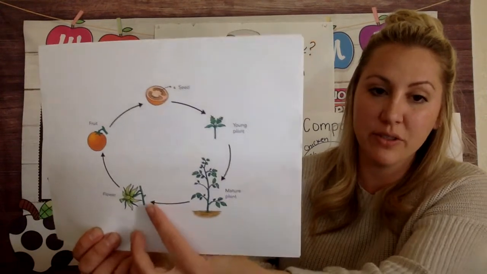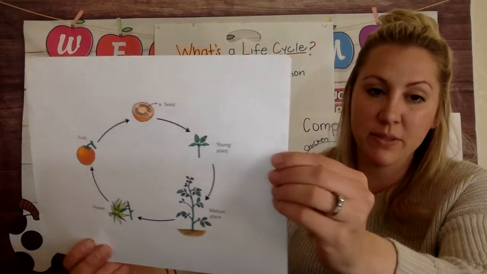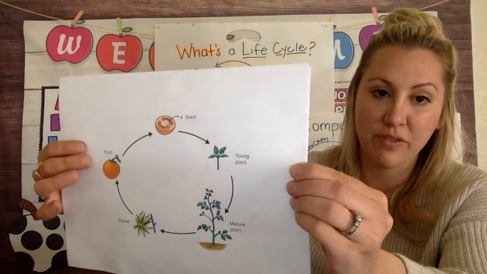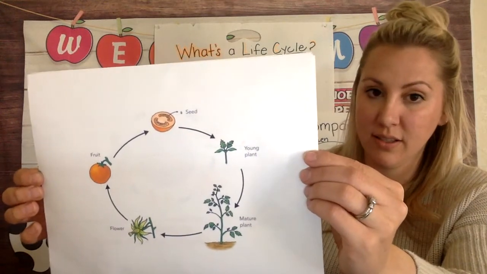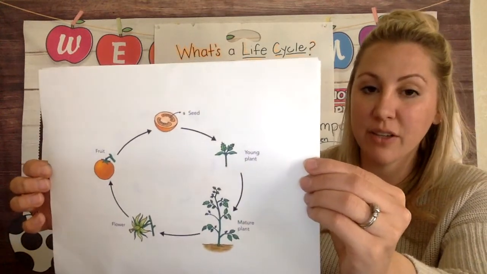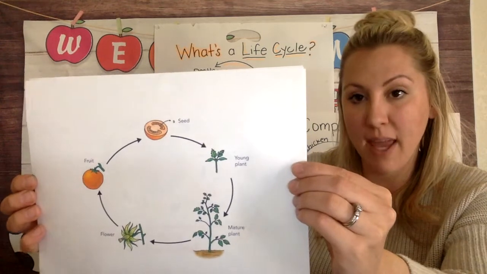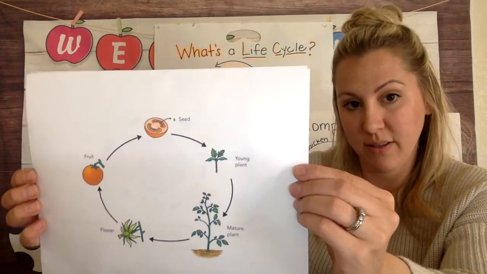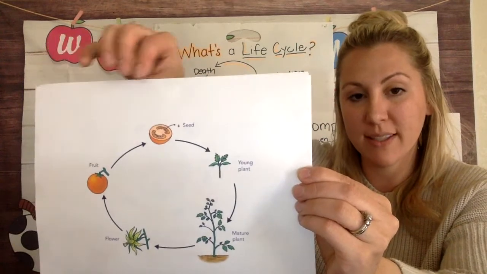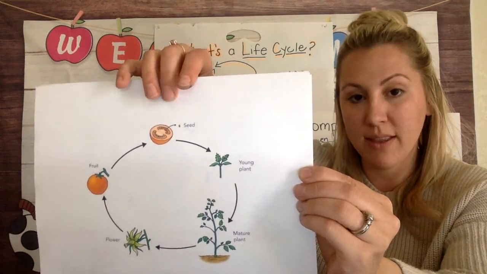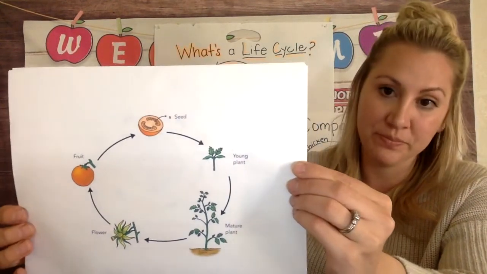And then it flowers. And then it becomes the fruit, which if not picked and eaten, will eventually rot and decay. Now the average life cycle of a tomato is 6 to 8 months. Once a tomato is full grown, you can take the seeds, plant them, and that would represent reproduction.